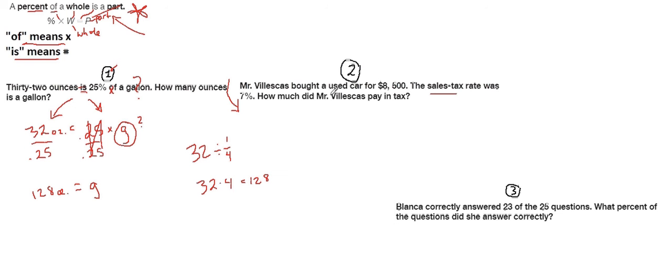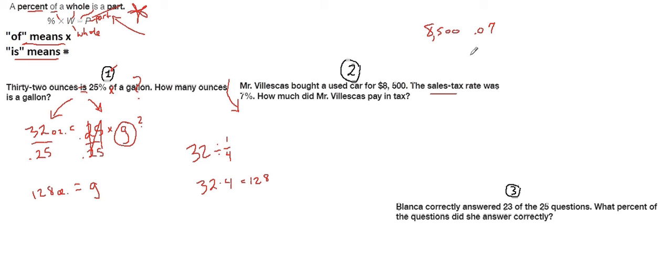Mr. Velasquez bought a used car for $8,500. Notice how I write the things as I get them. Sales tax rate was 7%. What's that in decimal? 0.07.